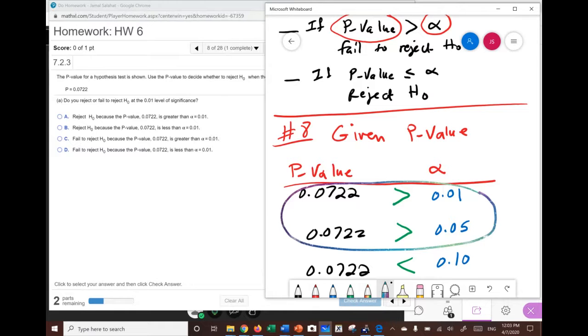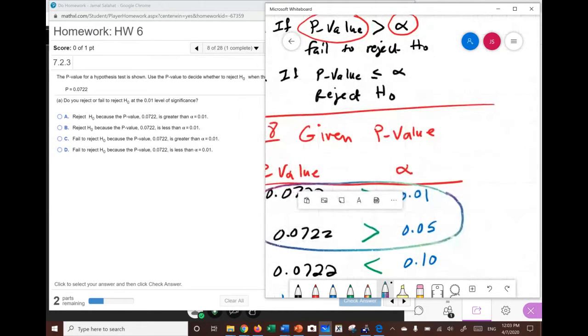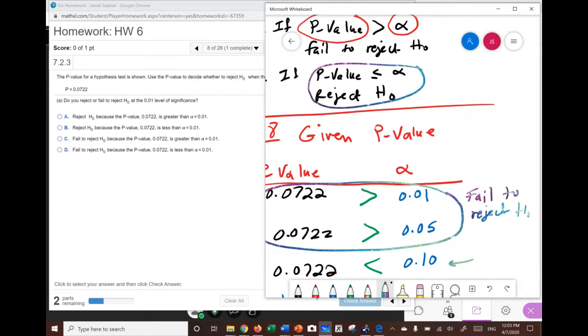So what do we do? We fail to reject H note. But notice in the third case, the p-value is less than alpha, and it says if the p-value is less than alpha, you reject H note.